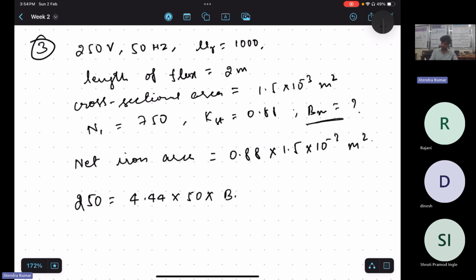So we can write Bm into area of iron into number of turns in primary winding, 750. And this AI we have calculated here, which is 1.5 into 0.88, which is 1.32.